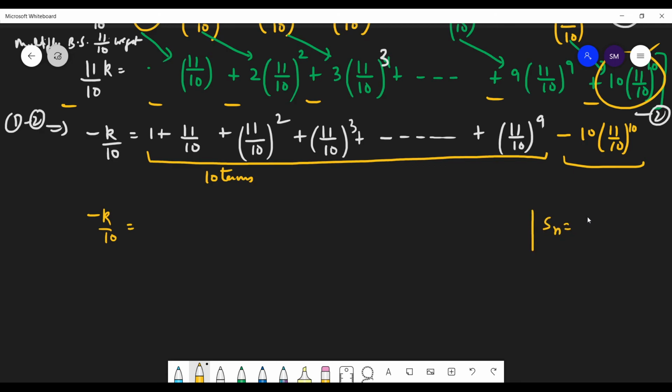Sn is equal to, in GP, a into r^n minus 1 by r minus 1. So what is your a here? 1. What is your r here? 11 by 10. So put these values. And what is n here?